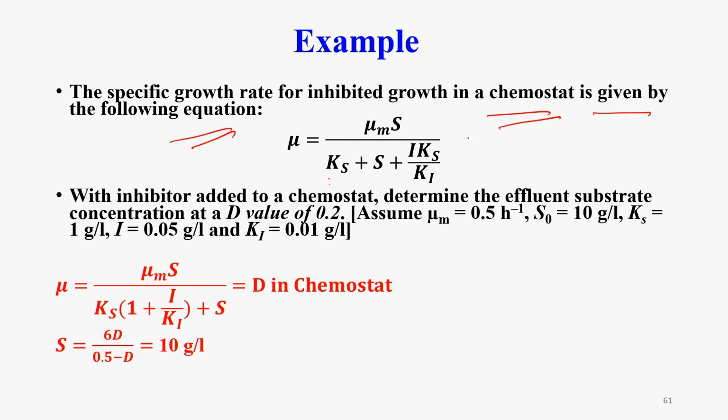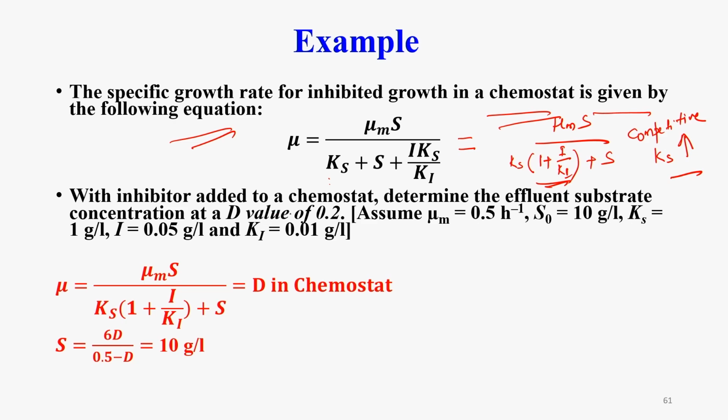To understand this, first I need to rearrange it. In the denominator, take Ks as common. So, we end up with mu max S divided by Ks times 1 plus I upon Ki, plus S. Now, which type of inhibition is this? This is competitive inhibition, where the Ks value has increased.